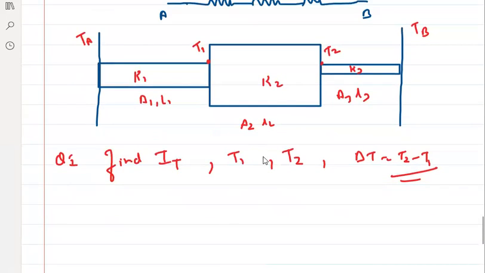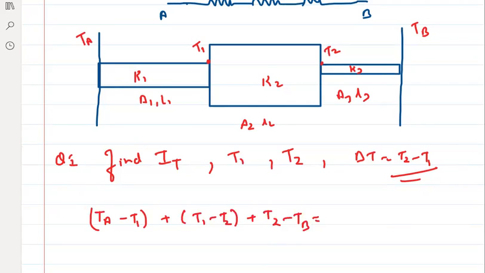We know that now, instead of potential difference, we have change in temperature. So I can say like this: TA minus T1 is the potential difference between this point, plus T1 minus T2 is the potential difference between these two points, plus T2 minus TB is the potential difference between these points.